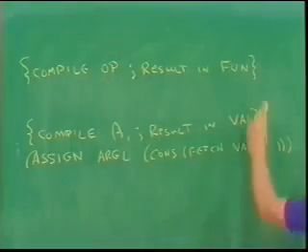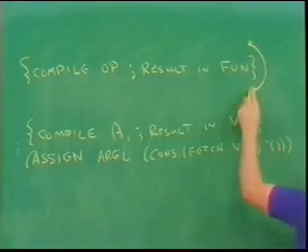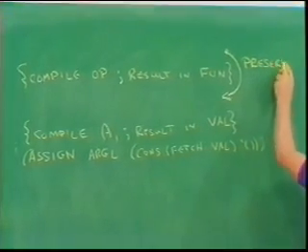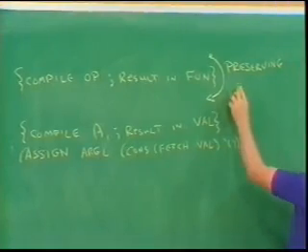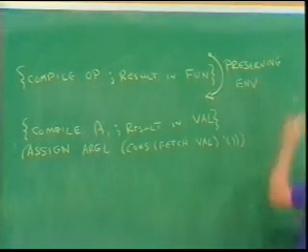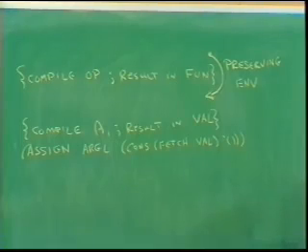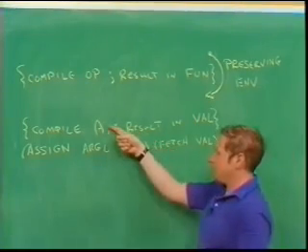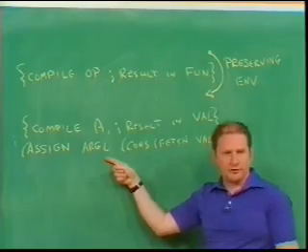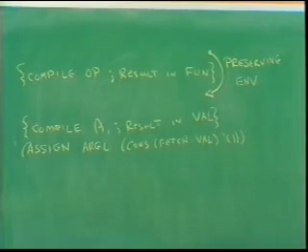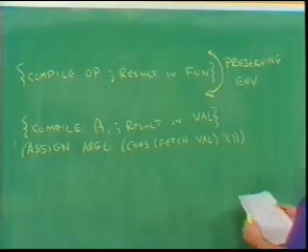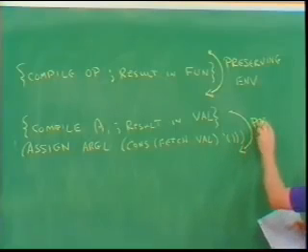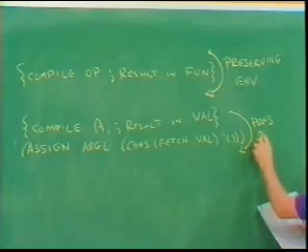So it puts a note here and says, oh, this piece should be done preserving the environment register. Similarly here, after it gets done compiling the first operand, it's going to need to know the environment for the second operand. So it puts a little note here saying, yeah, this is also done preserving env.